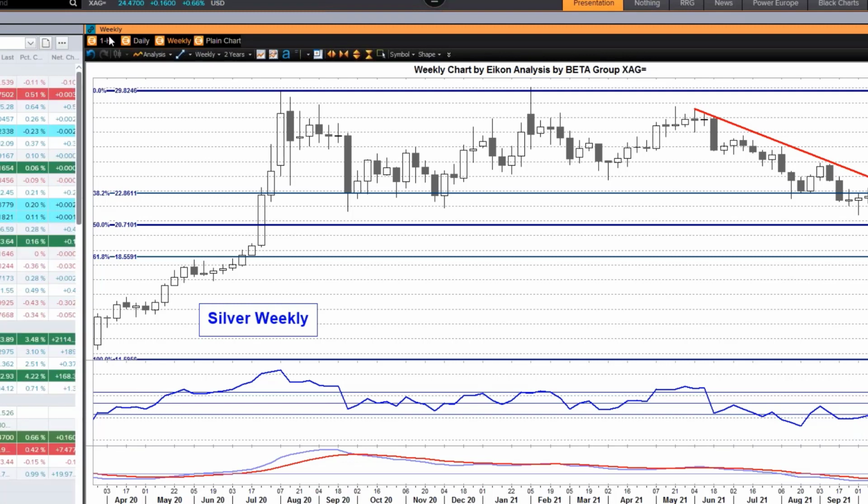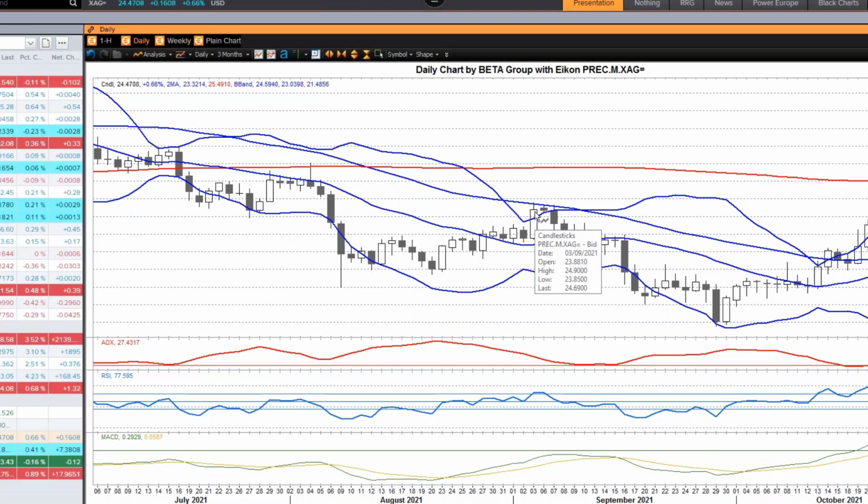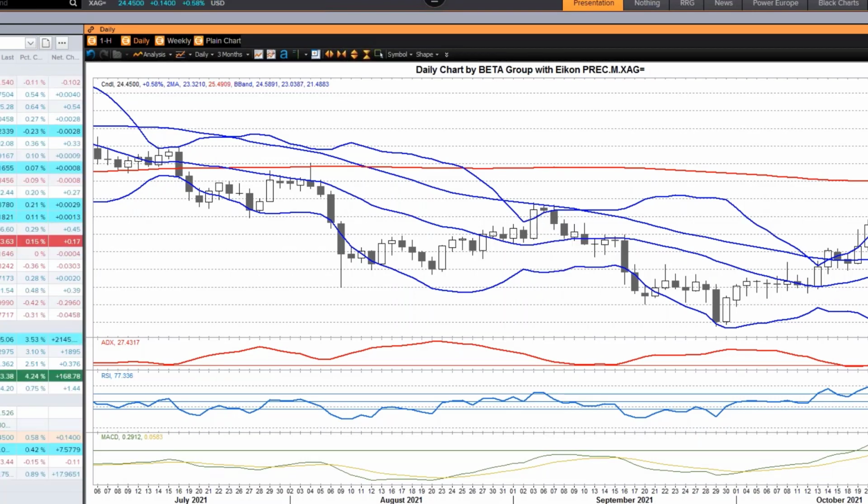The RSI turning up. This is on a weekly basis, and then here the chart looking a lot better. We're challenging this $25, just below the $25 resistance level here. It is approaching it very strongly. Looks as though it's probably going to do it. The Bollinger Bands are expanding, so it's telling you it's gaining energy as it approaches. And then we've got other levels here.